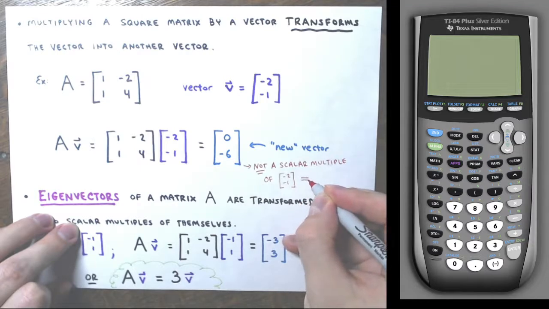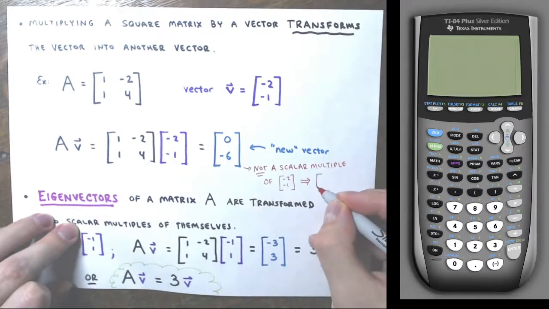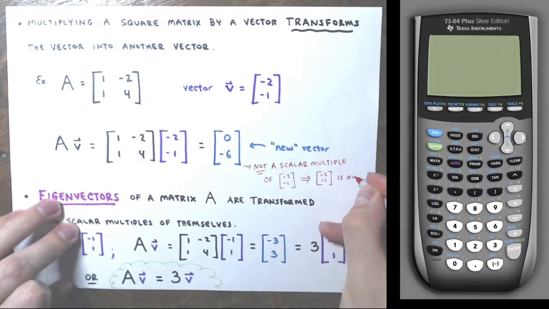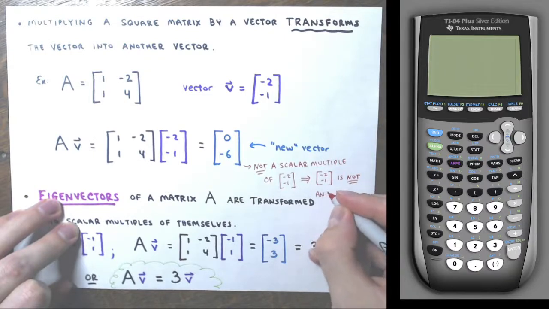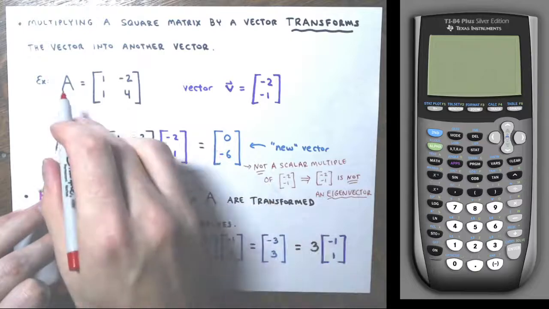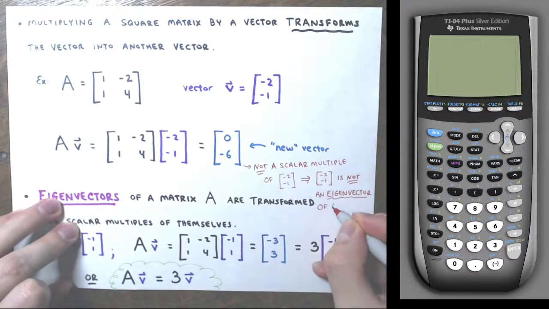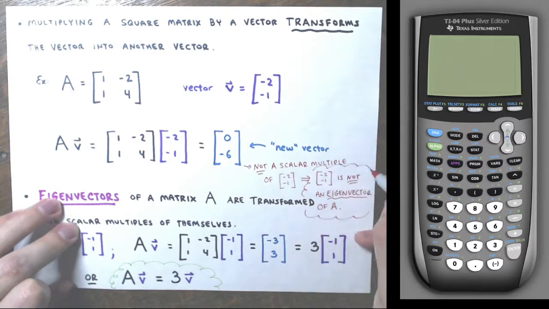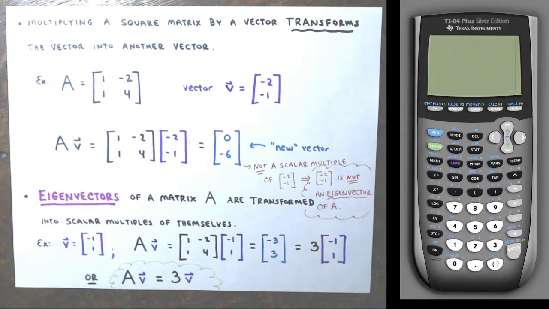So what that tells me is that the vector -2, -1 is not an eigenvector of this matrix, an eigenvector of matrix A. And that's big. That's the whole point of this video. We're trying to figure this out: given a vector, is that vector an eigenvector of a certain matrix?